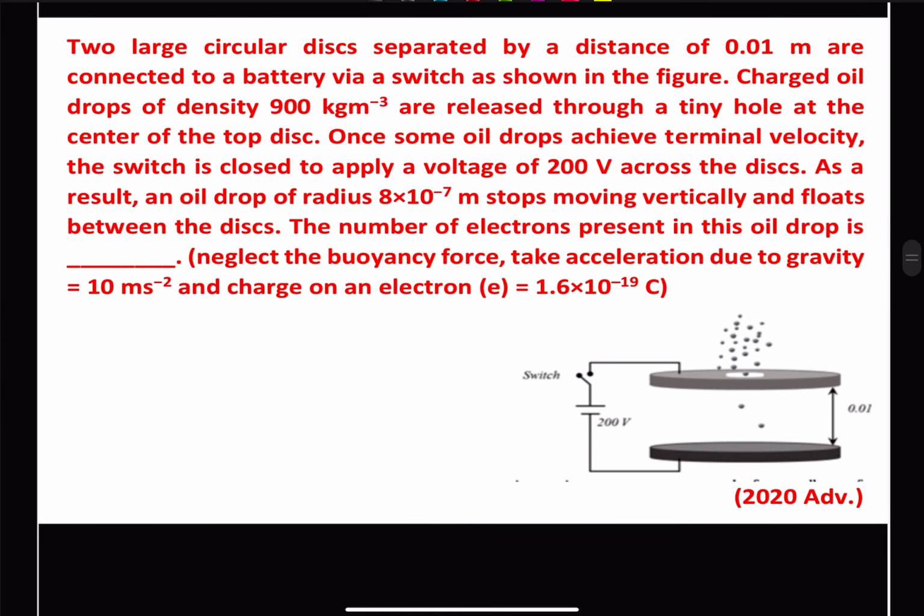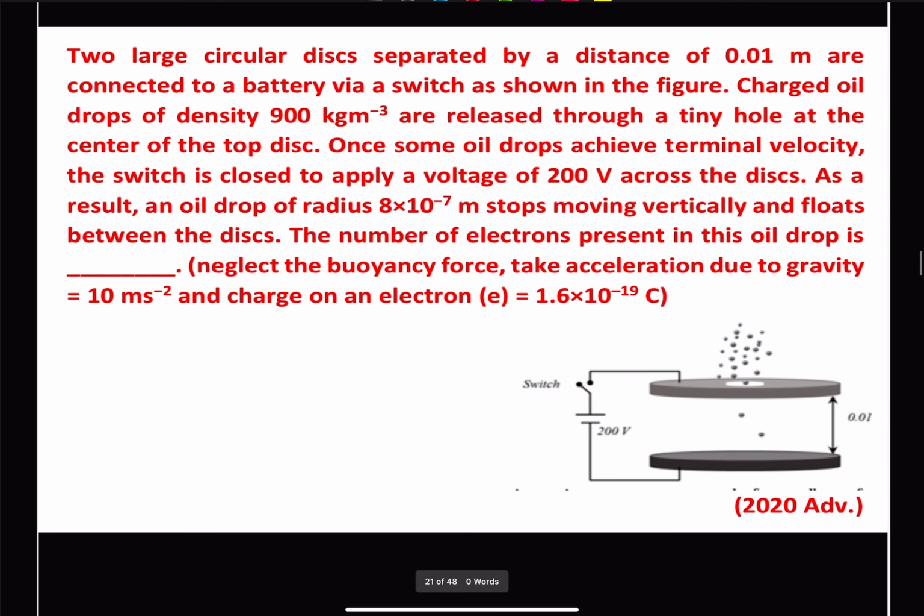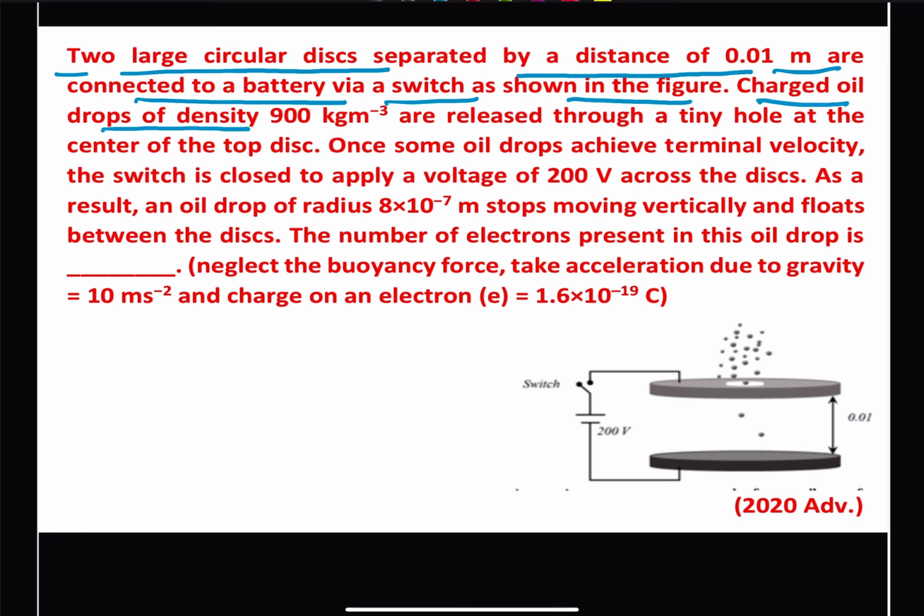We are given that two large circular discs separated by a distance of 0.01 meter are connected to a battery via a switch as shown in the figure. Charged oil drops of density 900 kg per meter cube are released through a tiny hole at the center of the top disc.